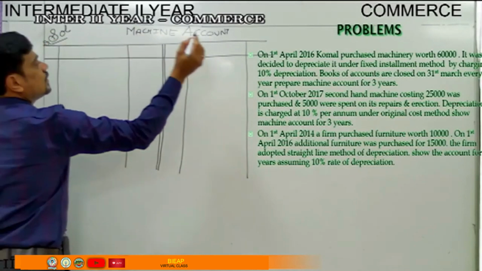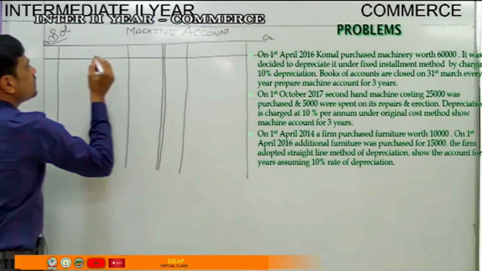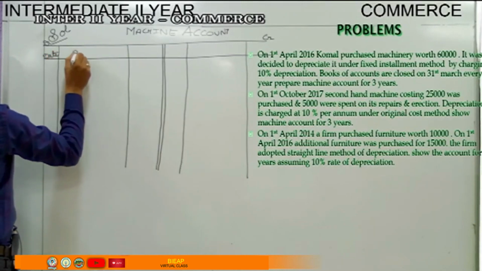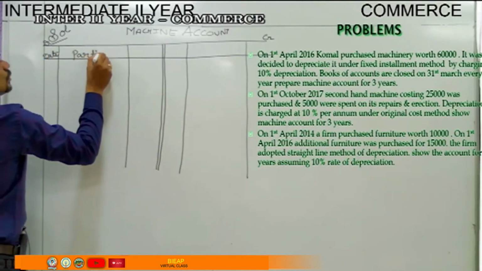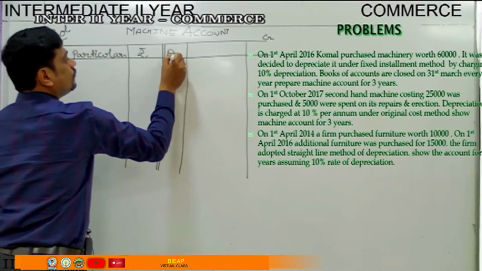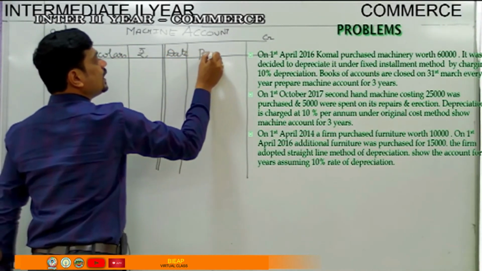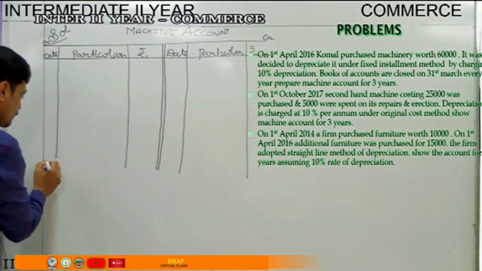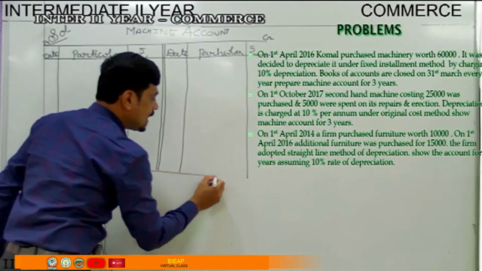Extreme heads, debit, credit are compulsory. Don't give the examiner a room or chance to cut your marks. Having done for half page, draw the line, close it.